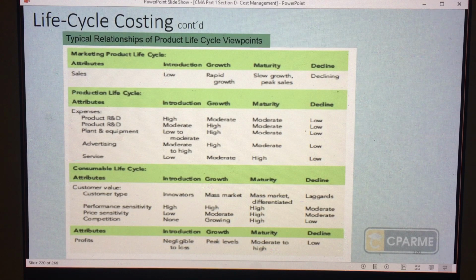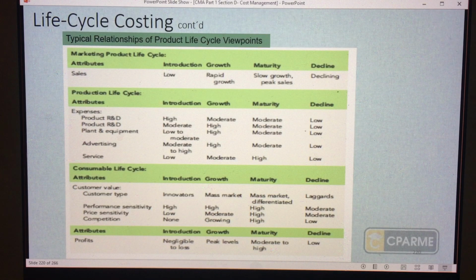For competition, usually pag una, at the start or the introduction phase, you have none or you have a little. So it's going to grow once na nakita nila. Usually, magkakaroon ng lilipat yan eh. Makikita nila na profitable yung product mo, and so they're going to, okay, let's make the same product or let's make a little innovation and then introduce it as a new product. So competition would start to grow.